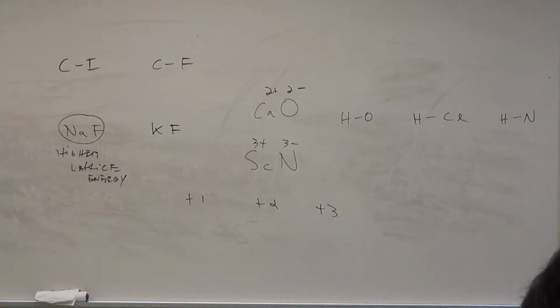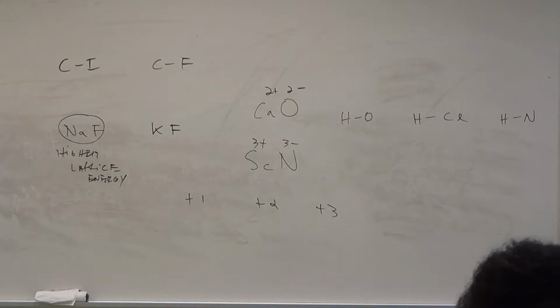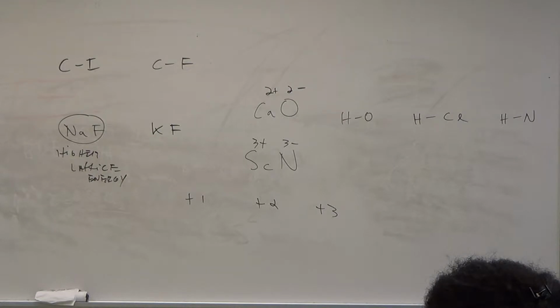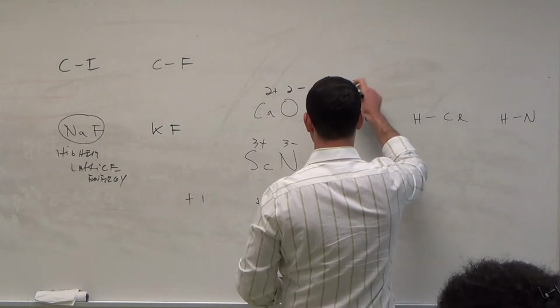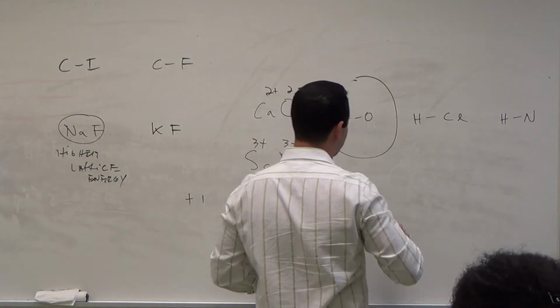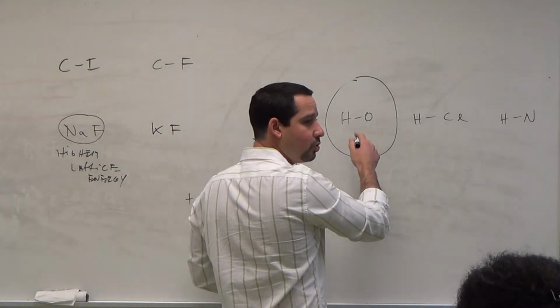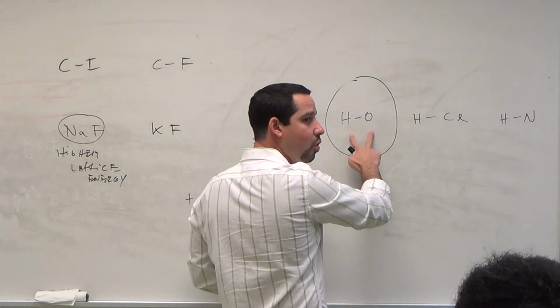Calculate the difference in electronegativity. It's HO. Oxygen has a higher electronegativity. Yeah, this one, 100% guaranteed. This has a higher electronegativity difference, so this is the more polar bond.